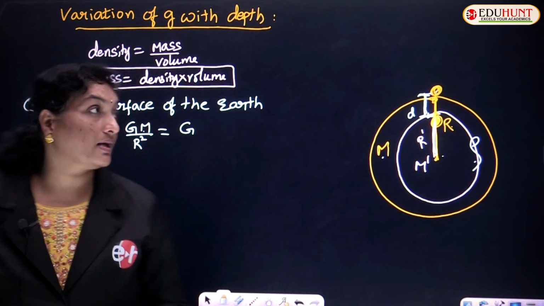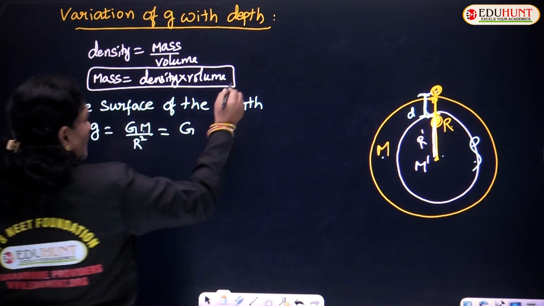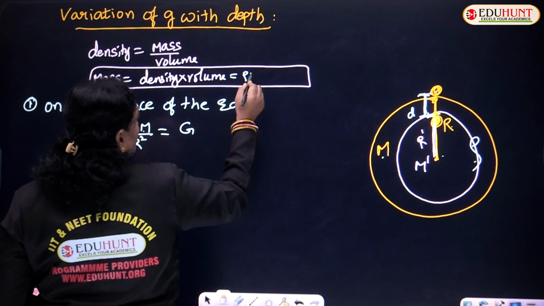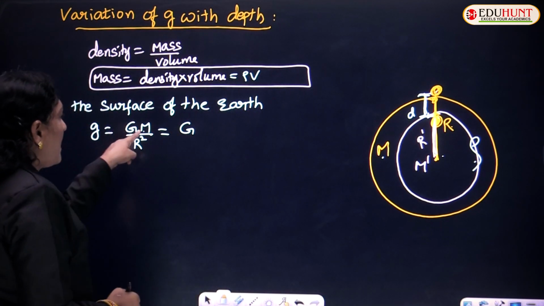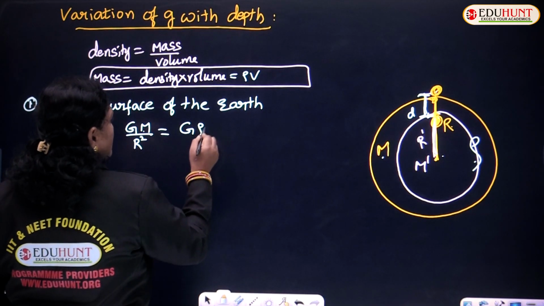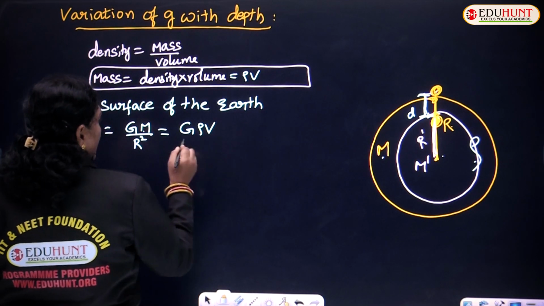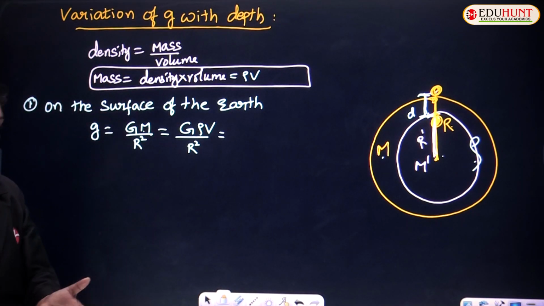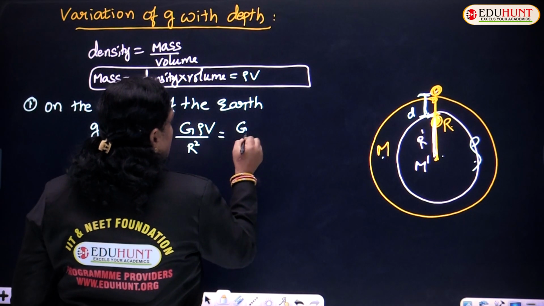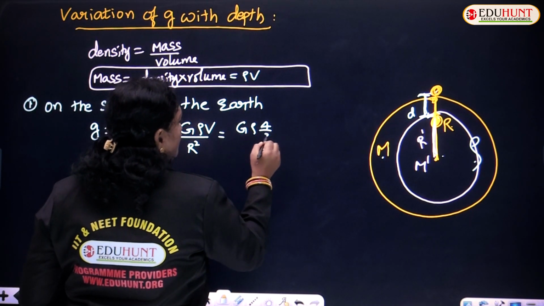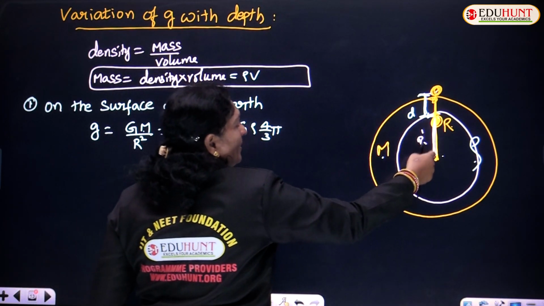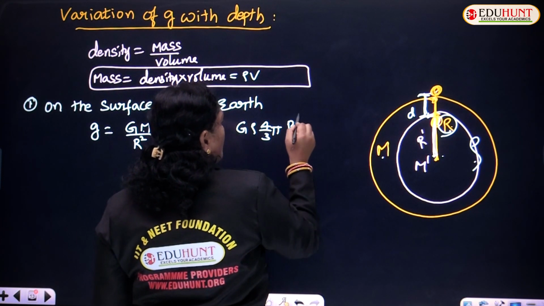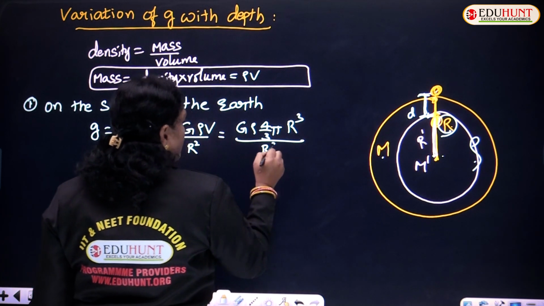So mass equals density, rho, into volume V. Mass is replaced with density into volume of that sphere, upon r square. So g equals G rho, and the volume of the sphere is 4 by 3 pi. How much is the distance from here to here? It is the radius r. So r cube whole upon r square.